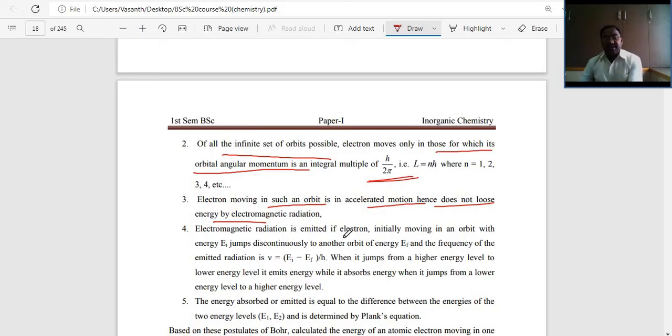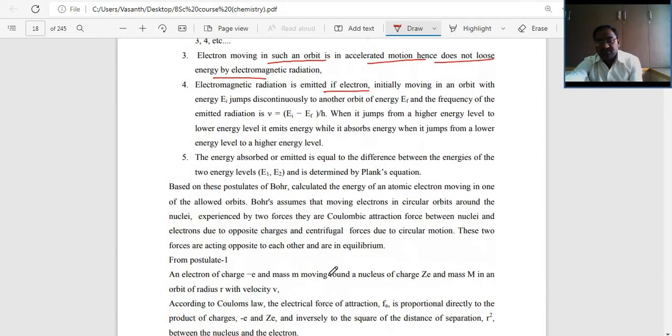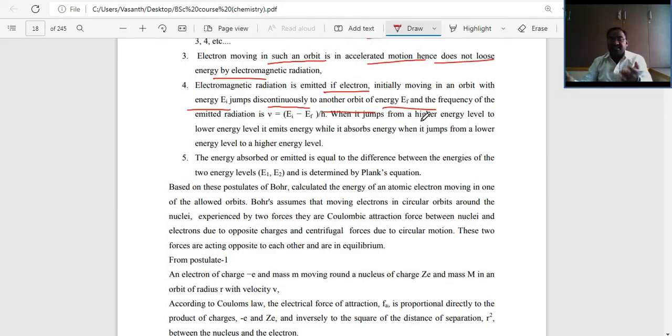Electromagnetic radiation is emitted if an electron initially moving in an orbit with energy Ei jumps discontinuously to another orbit of energy Ef, and the frequency of the emitted radiation is determined by nu is equal to (Ei minus Ef) by h, where h is Planck's constant.